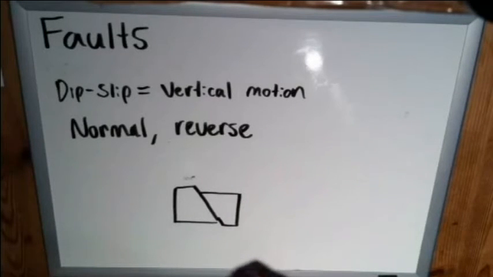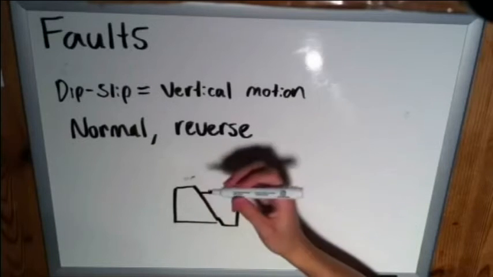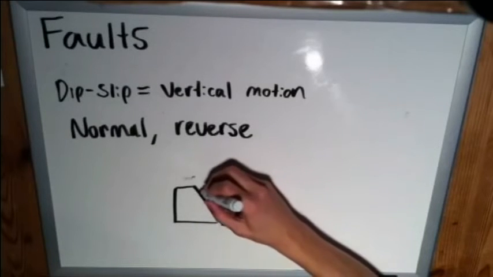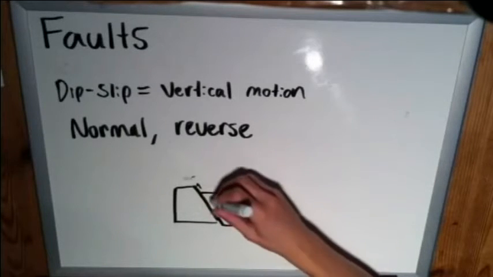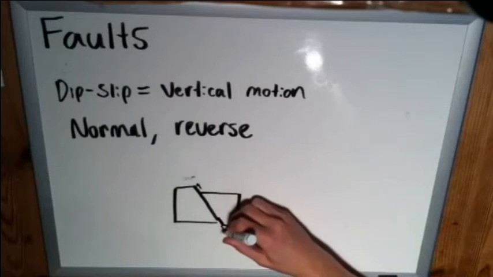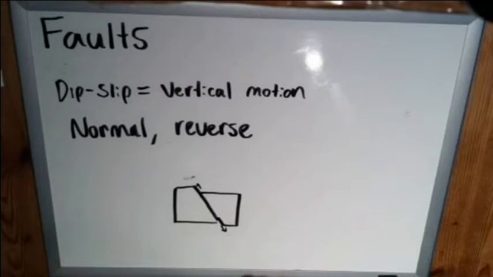We call that normal when the footwall, relative to how it started, it doesn't matter if this actually moved up or this actually moved down, although a lot of times you'll have some of both. But it doesn't matter which way it goes, just relative to the starting position. The footwall is above where it was.